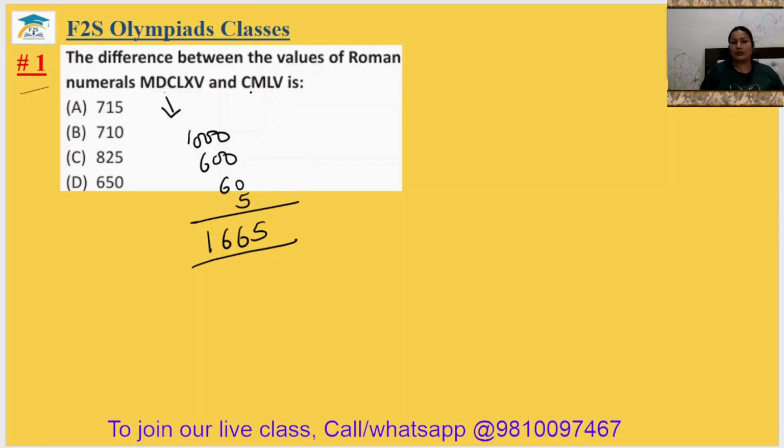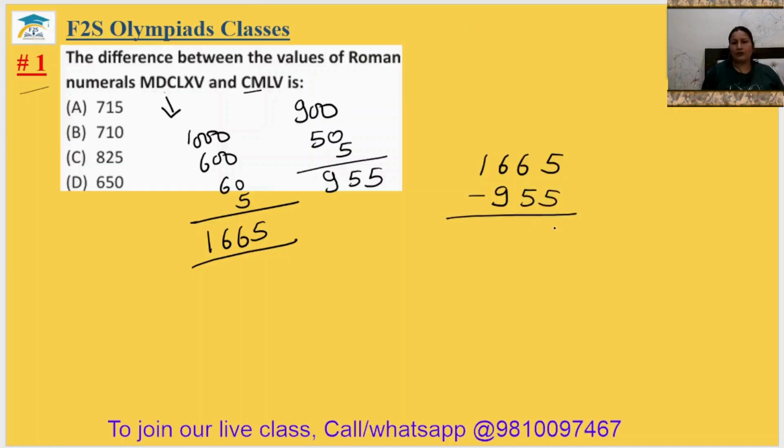Now CM stands for 900, L stands for 50 and V is 5. It is 955. The difference between them is 1665 minus 955. 5 minus 5 is 0, 6 minus 5 is 1, 16 minus 9 is 7, so it is 710. It is in option B. So the first answer will be option B.